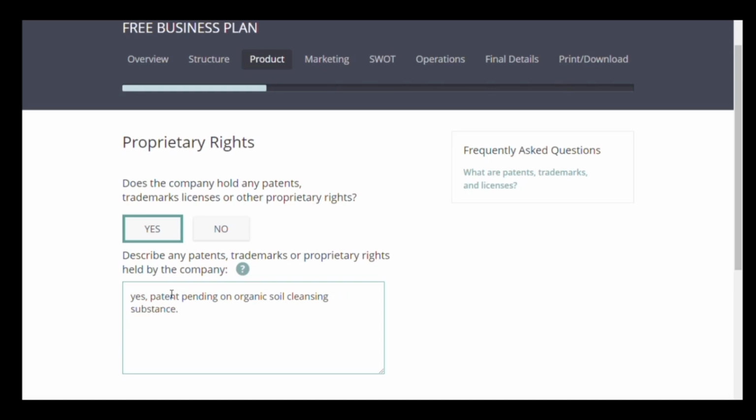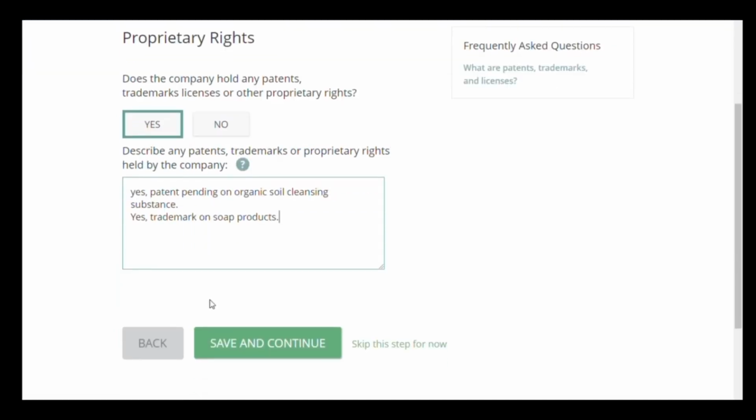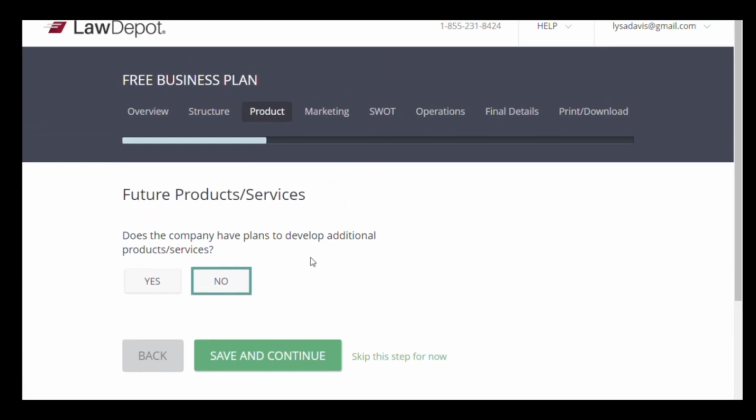And yes, trademark on soap product. Again, this offers more value because this is something that you wholly own, and you have a patent pending, meaning that no one else can utilize this soil cleansing substance that you're creating. So that again creates a high value for your product and shows that you're going to have a great opportunity to generate revenue in the future.